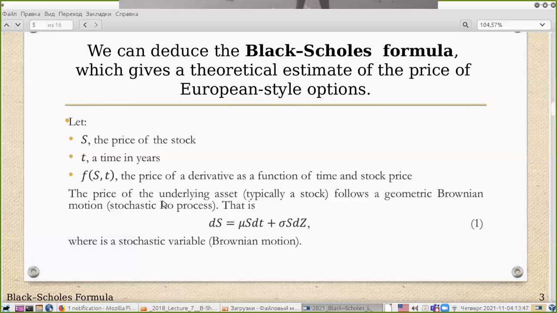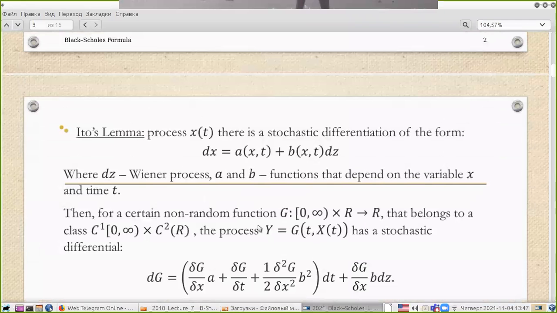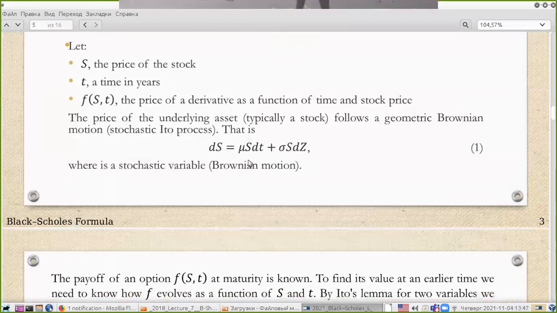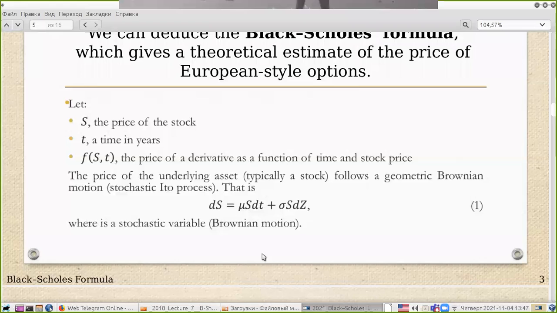The price of the underlying asset, in our case a stock, follows a geometric Brownian motion. Geometric Brownian motion means that in the Ito process, the coefficient a of x and t before dt is mu multiplied by S, and the coefficient before dz is sigma multiplied by S, where mu and sigma are constant values.